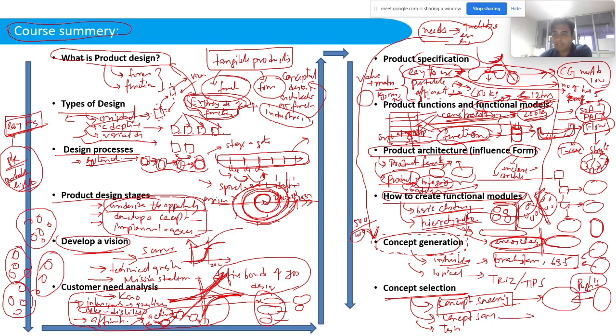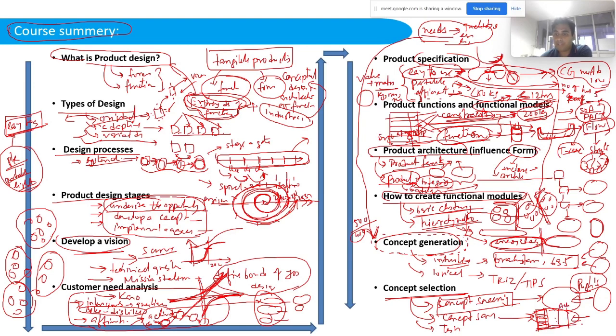In terms of concept scoring, when we compare various concepts, we use something like a weightage index method, where we set some criteria, then accordingly set the required weightage for those criteria, give ratings, and multiply the ratings with the weightage to get the actual score.